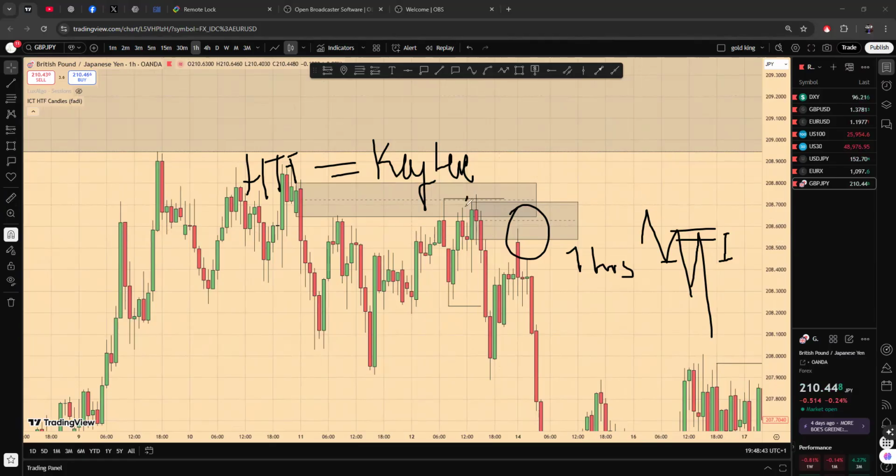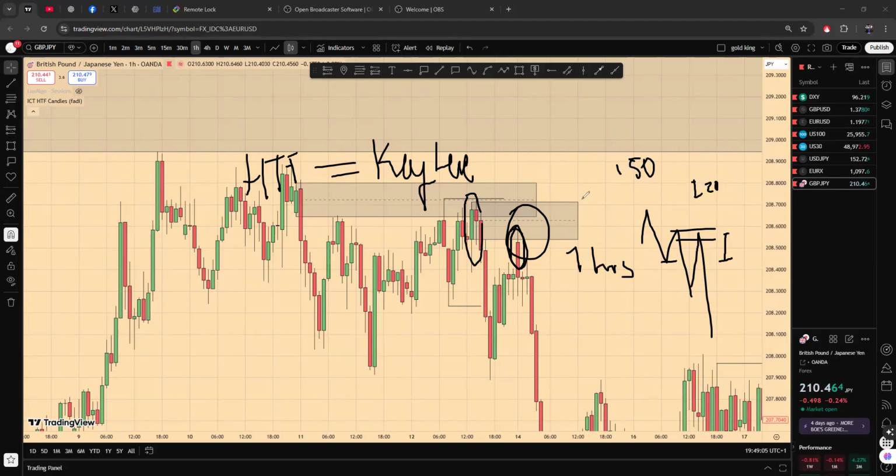Because for example, if this was a daily, this would likely be about 150 pips, right? But now, if price comes into this order block and we drop to the lower time frame, and we are looking for a bearish order block, we might see an order block that will just be about 20 pips. That's the reason why you are refining it to the lower time frame.